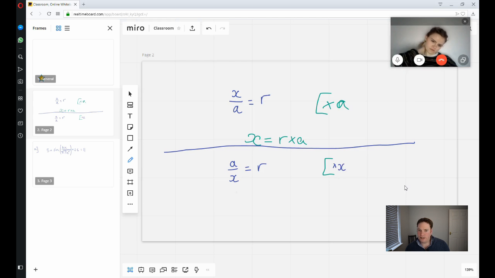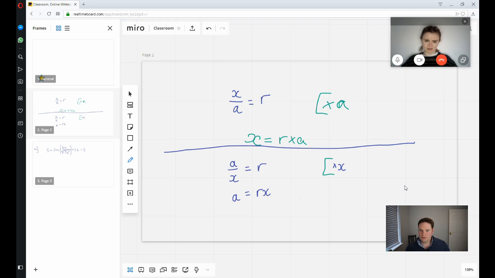So we're timesing both sides by x. What will that give us if we times both sides by x? It'd be a equals rx, because the x is cancelling out. And now, can we make x the subject?